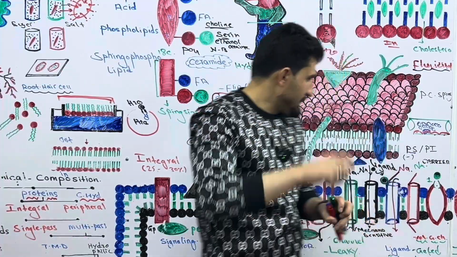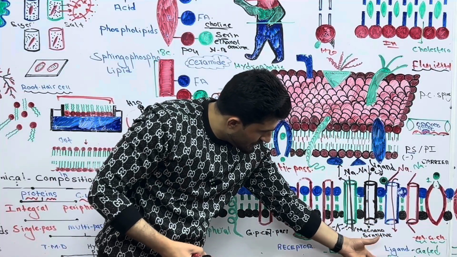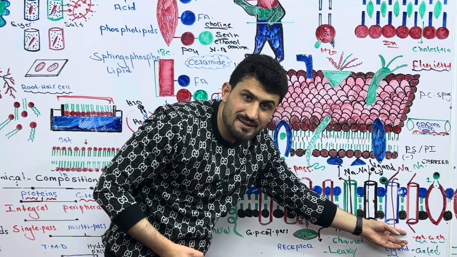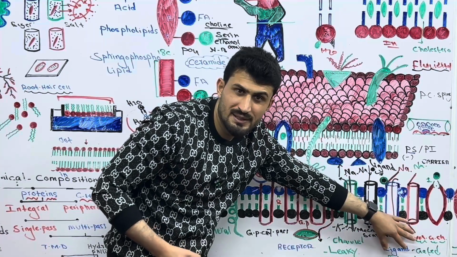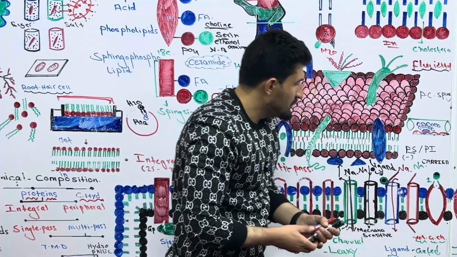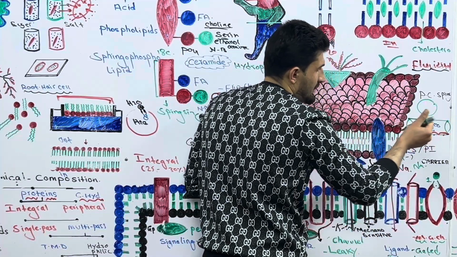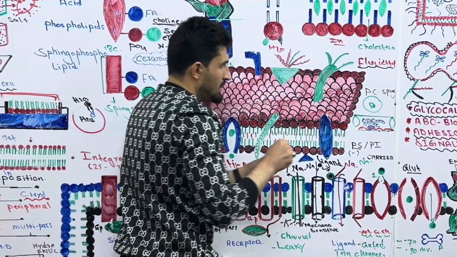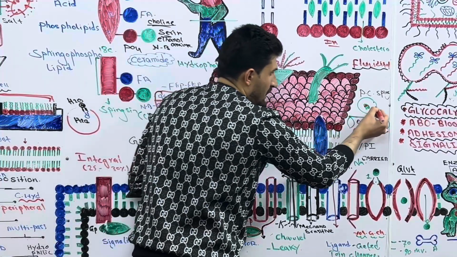Okay, for example, when a substance goes from the inside of the cell to the outside, or from the outside to the inside, which is called exocytosis or endocytosis. So during exocytosis, for example, this is a cell. Now I want to export something from the inside of the cell to the outside.